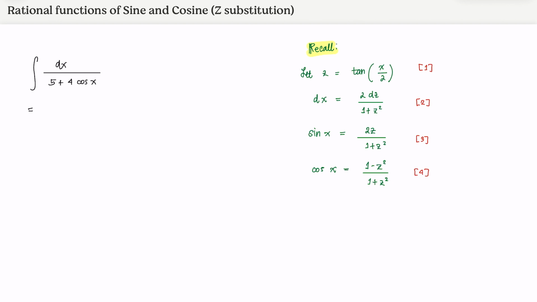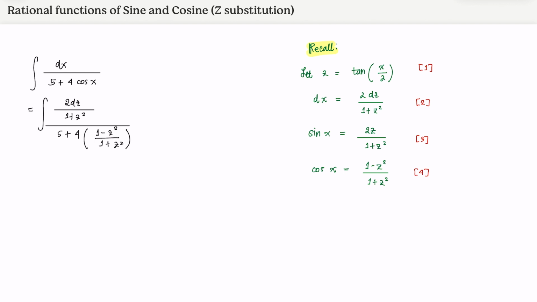This integral can be rewritten as dx, which is simply 2 dz all over 1 plus z squared. Everything is divided by 5 plus 4, and cosine of x, if you notice here, is simply 1 minus z squared all over 1 plus z squared.